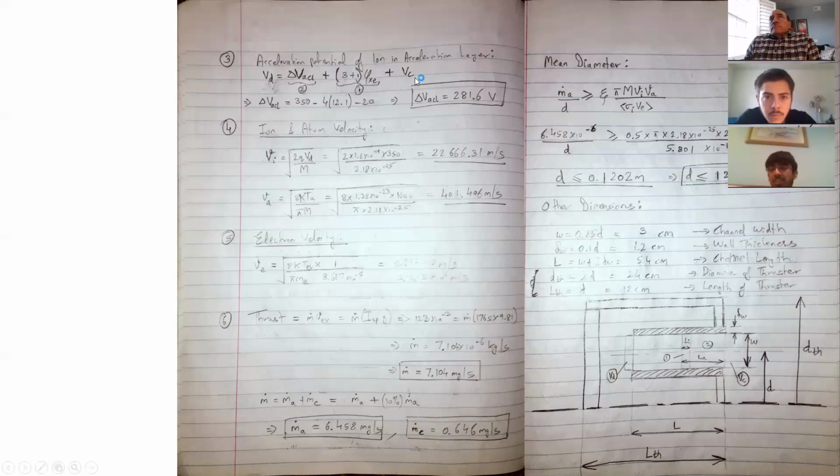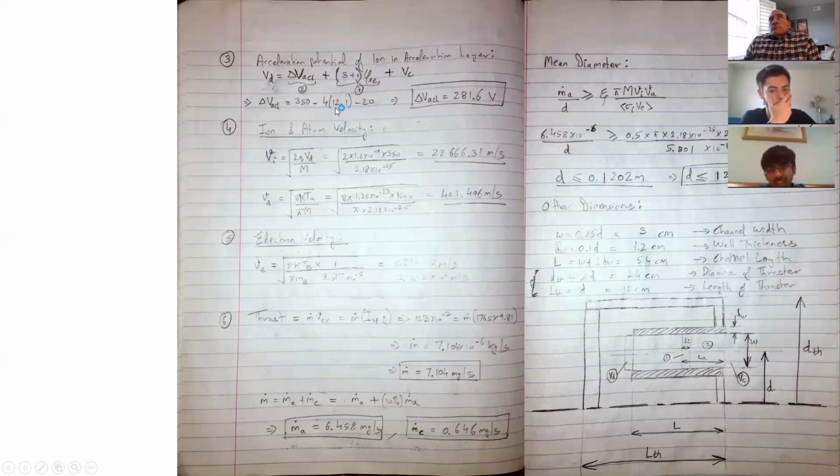The cathode voltage, as I mentioned before, is kept at 20 volts, which is known. And the next is this term that you can see, 3 plus 1 times psi of xe. That's the potential of the ionization region, which is about 3 or 4 times the first ionization potential of xenon, which is 12.1.